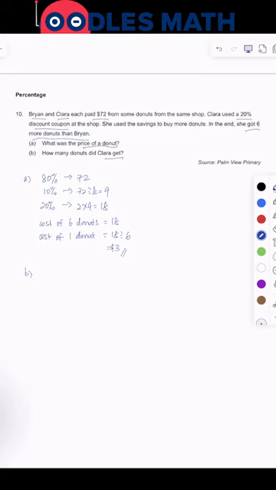Okay, so you need to understand. If this is 80%, $72 is actually only 80% of Clara's money. So therefore, to find out the original amount of money that Clara had, which is 100%, we know that it should be 10 times $9 for each 10%. So therefore, we know that this is the amount of money that Clara had at first.